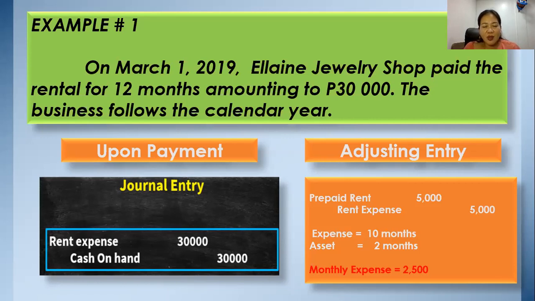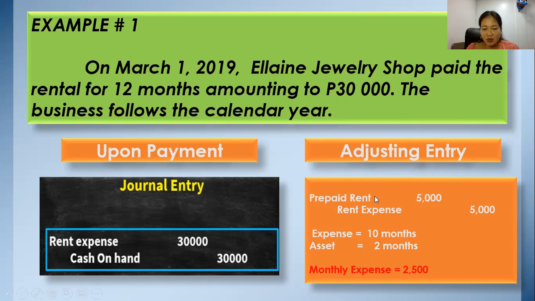So at the end of 2019, that would be December 31, we need to adjust the recorded rent expense. Since the method used when the rent was prepaid is an expense account, to adjust, we will be recognizing the asset account, and that would be prepaid rent.